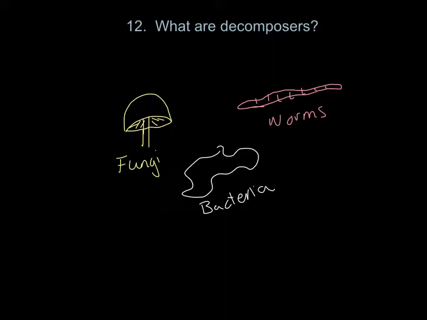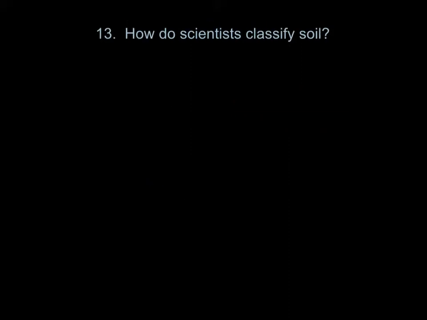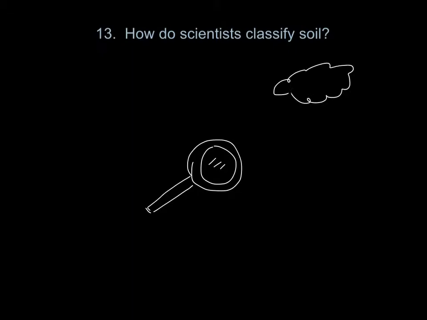And the last thing is, how do we classify soil? What do scientists do in order to classify a certain soil? And they'll use research, and when they classify this soil, they'll look into several things, including climate, region or area.